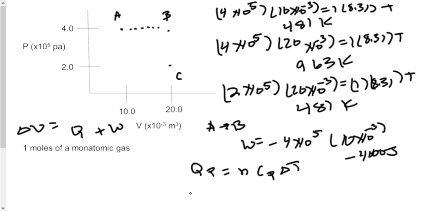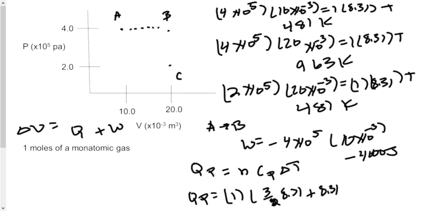So what is that going to equal? Well, Q sub P is going to equal 1. Now, for a monatomic gas, C sub P is 3/2 times 8.31 plus 8.31.